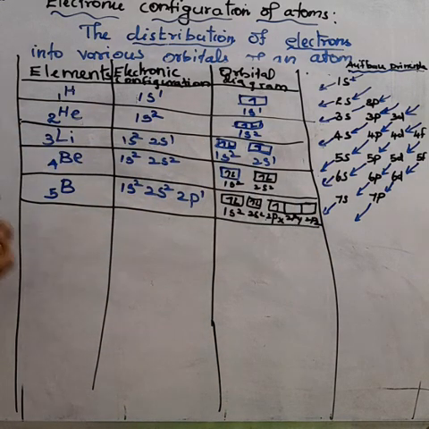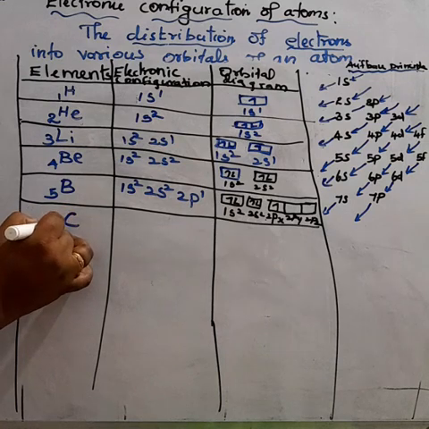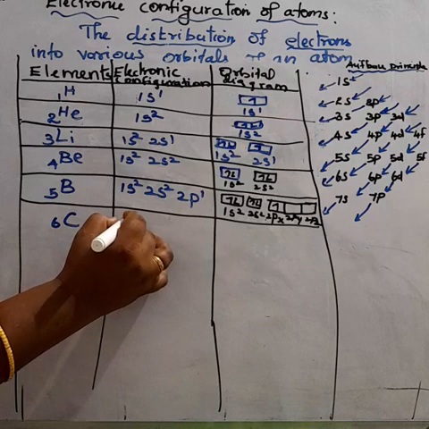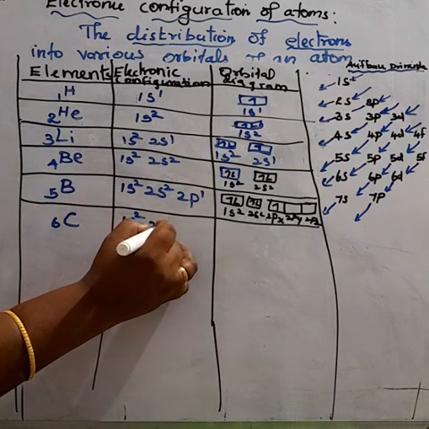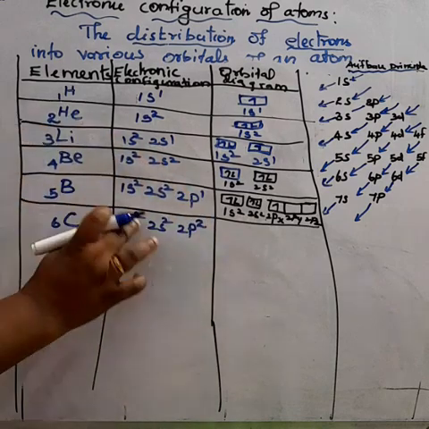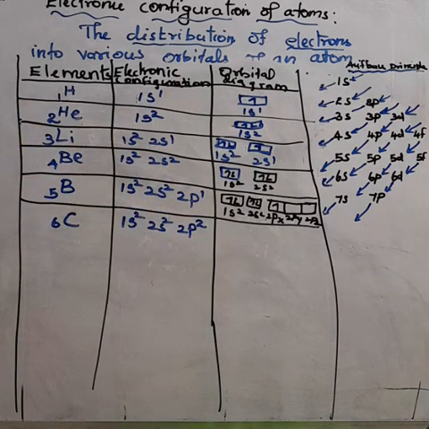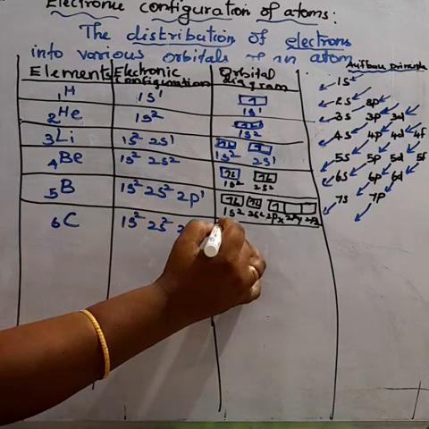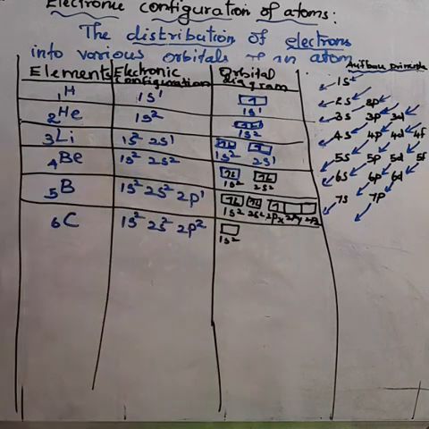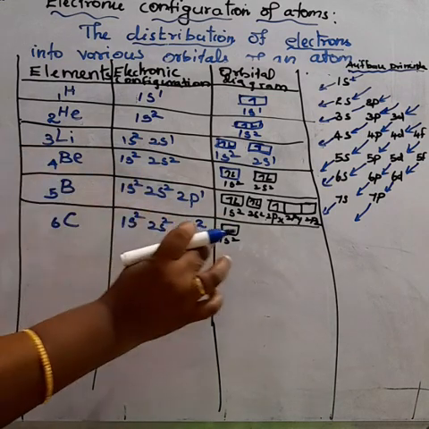After that, carbon. Carbon has atomic number 6. Electronic configuration: first 1s2, 2s2. After that 2p, 2 plus 2 is 4, the remaining 2 electrons we can accommodate in the p orbital. How will you draw the orbital diagram? First the 1s orbital, how many electrons? 2 electrons.